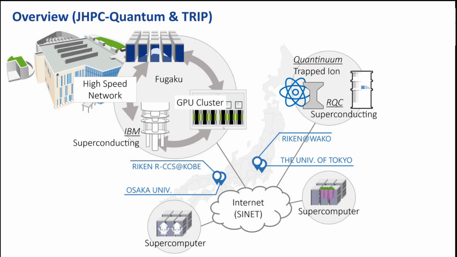This is connected to SINET, the backbone network of Japanese academic institutes, universities and research institutes. Through this, we have connected the University of Tokyo supercomputer, the University of Osaka supercomputer, and the quantum trapped-ion machine. This is installed on the main campus of RIKEN, along with RIKEN's superconducting quantum computer.